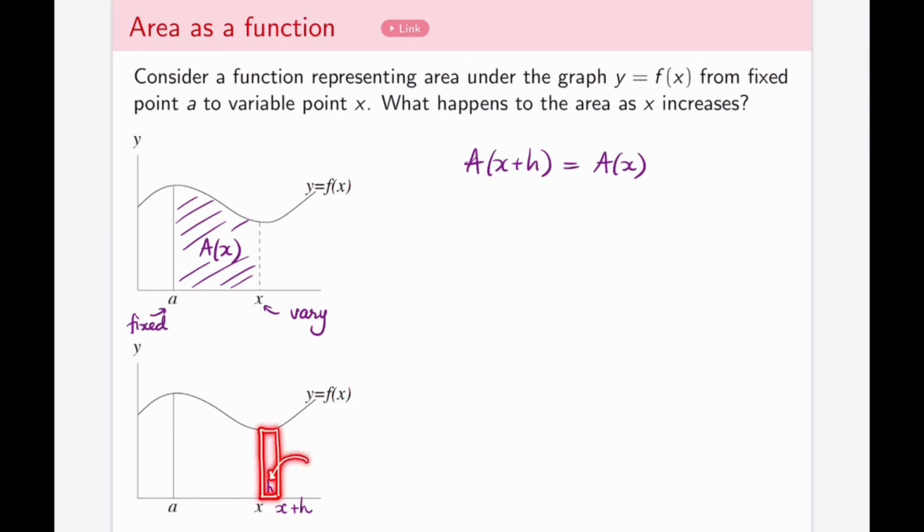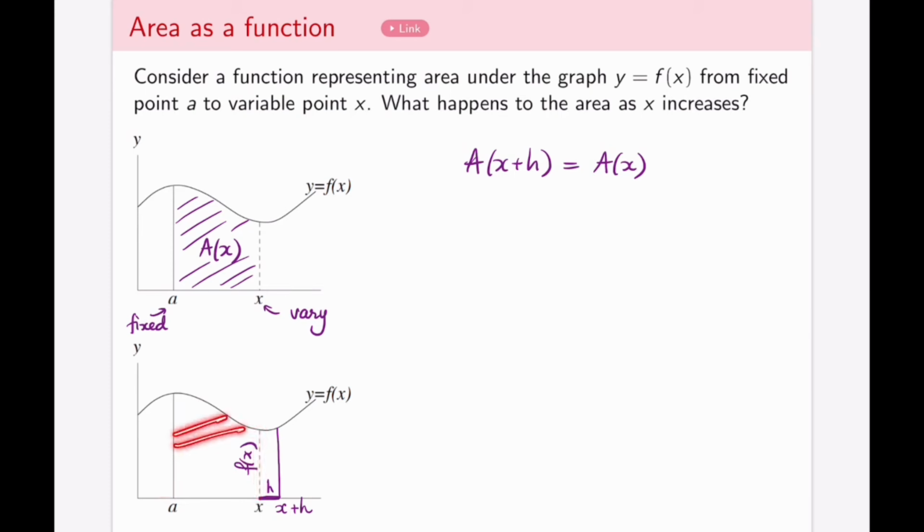If the width tends towards 0, then the shape of this object is going to approach a rectangle. Now, rectangles' areas are easy to count. We just need the width, which in this case is h, and we need the height, which in this case can be approximated, or rather evaluated in terms of our function. The height here, much like in the Riemann sums calculations, is going to be f of x. I plug my value into the function in order to figure out the vertical distance.